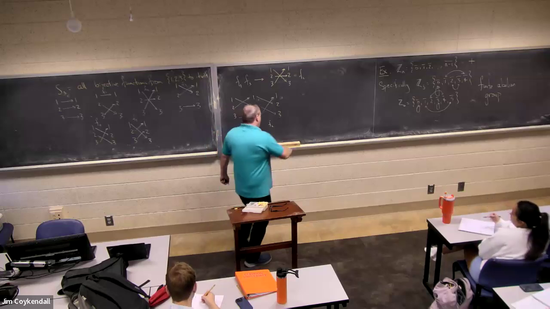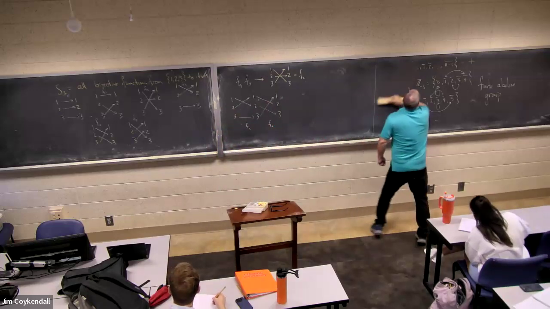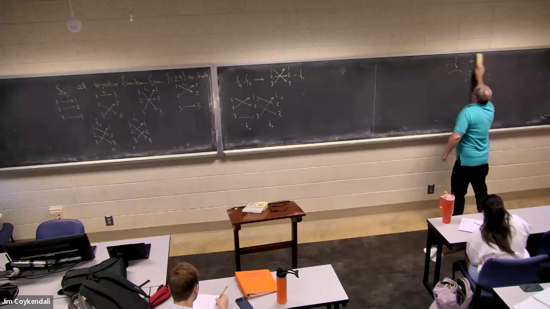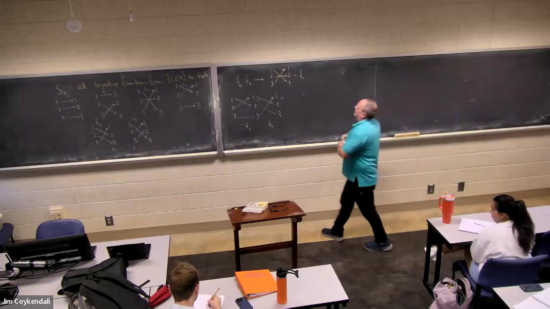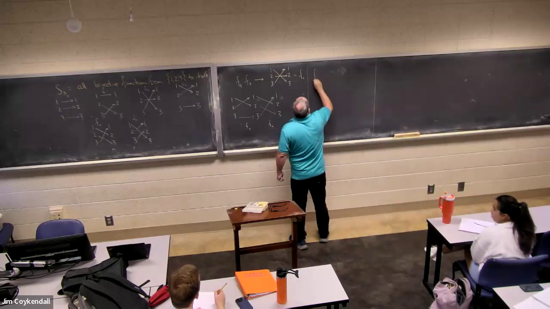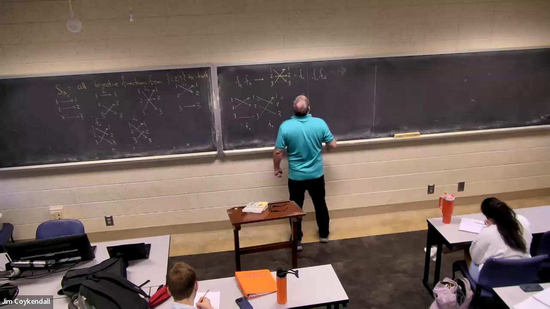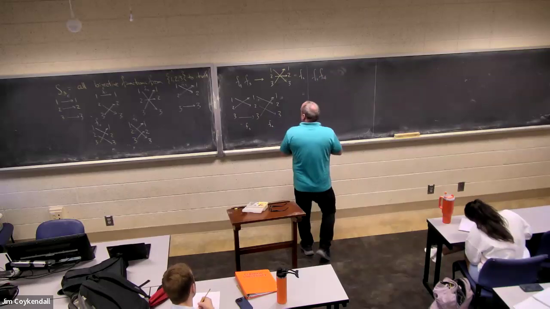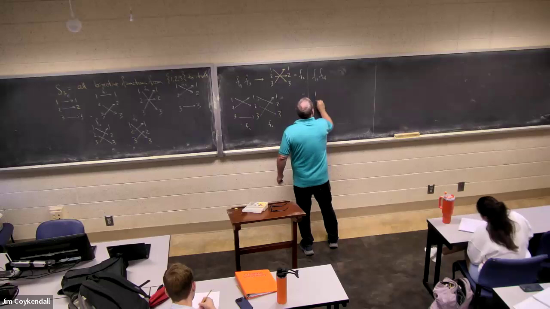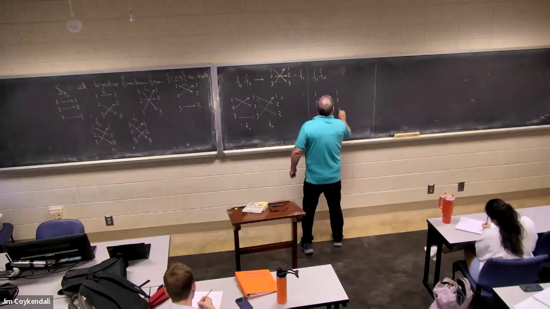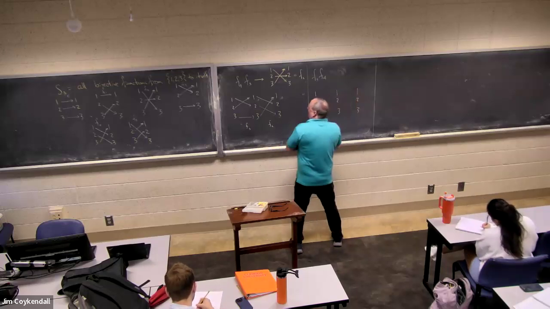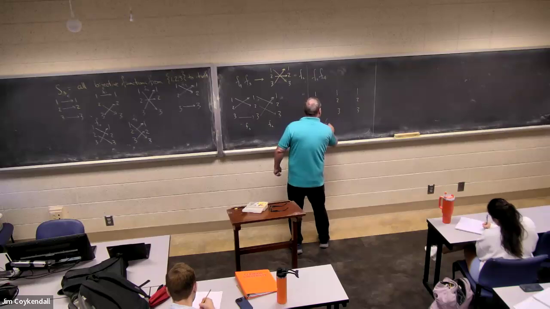Agree? What happens if I run this in the other order? On the other hand, let's look at F3. So now we're going to do F4 first in the composition.